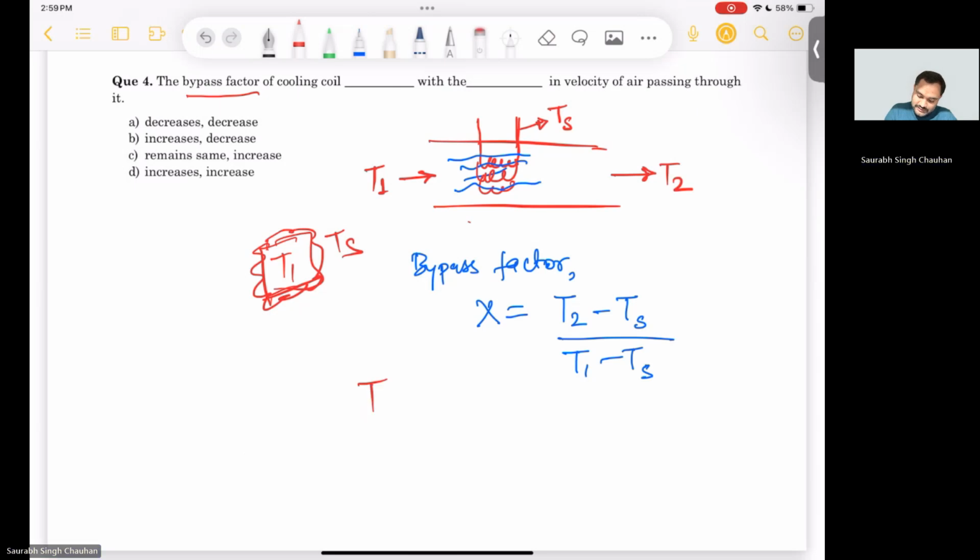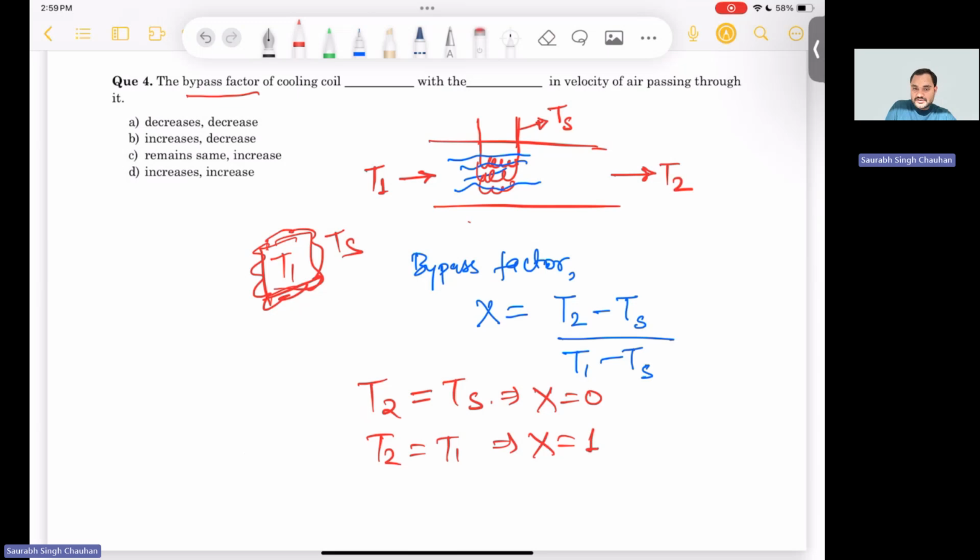If T2 is exactly equal to Ts, then bypass factor will be 0, okay? So this means there is no bypass, right? And if T2 is equal to T1, this means bypass factor is 1. There is no heating or cooling, okay? So we want very less bypass factor, we want more heat transfer, okay?